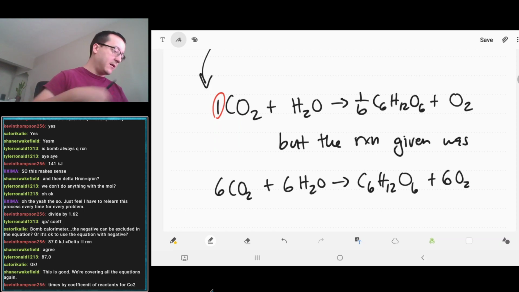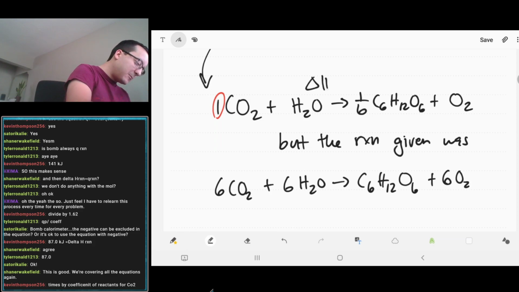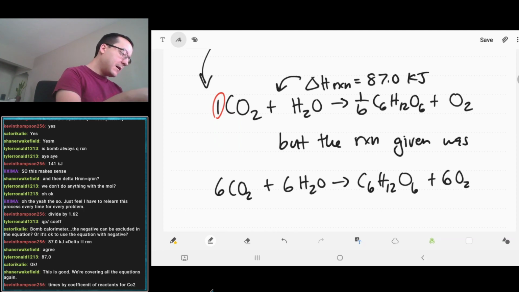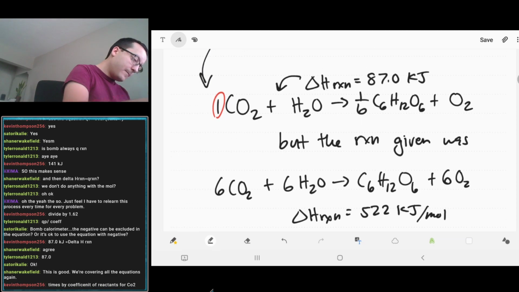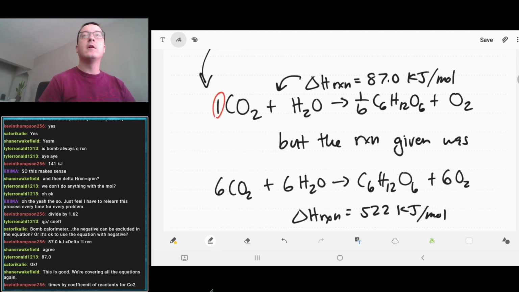So technically, the delta H for that reaction was 87. The delta H for this reaction is 6 times that. I'm sorry, I did not mean for this to be the problem like that, but hopefully this part makes sense. I'm not going to try and mess with you on your exam like this.